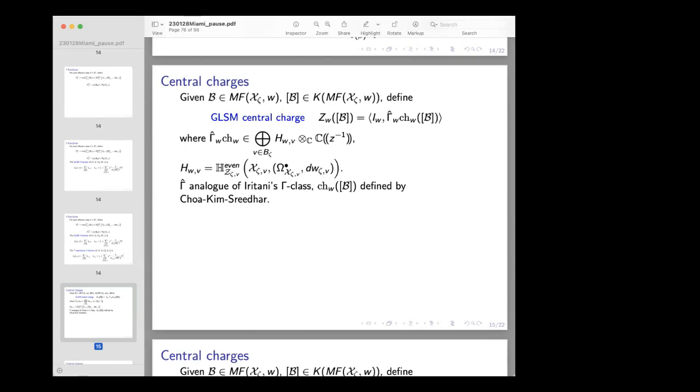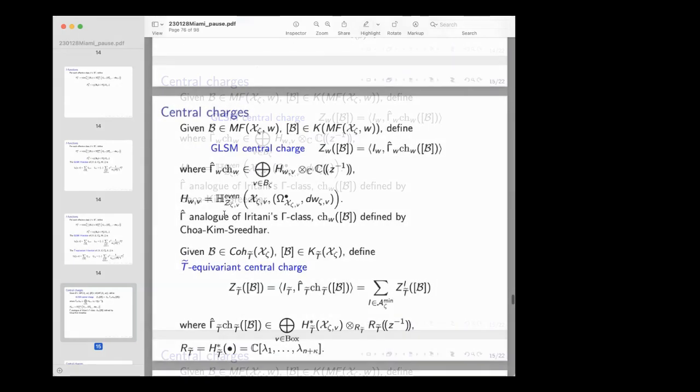And thanks to the work of Chou, Kim and Shroeder, we know how to define the Chern character of matrix factorization. This is actually the Chern character which appears in the Riemann-Roch of Stucky matrix factorization. So it has contributions from twisted sectors.